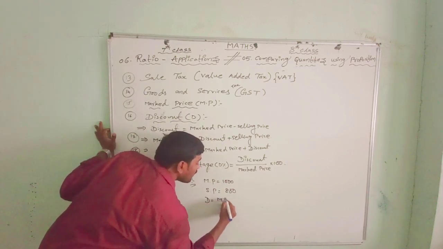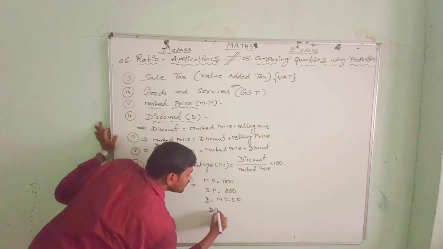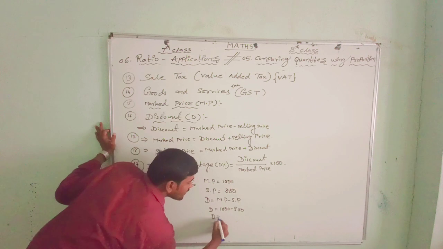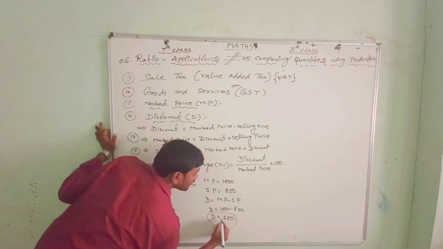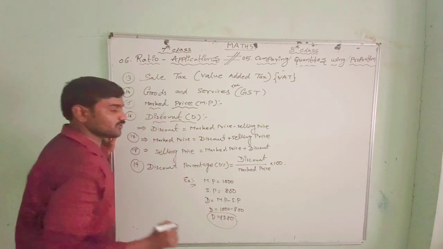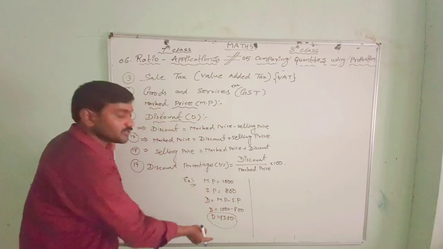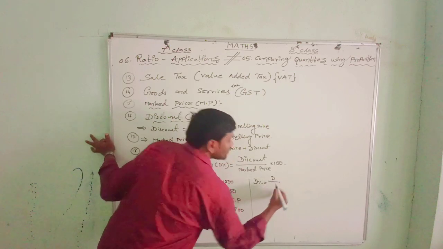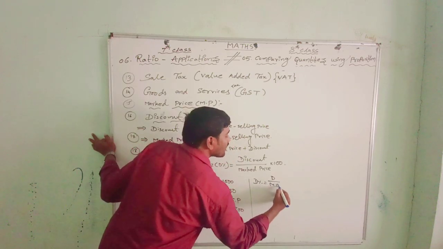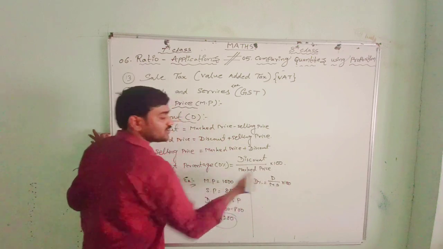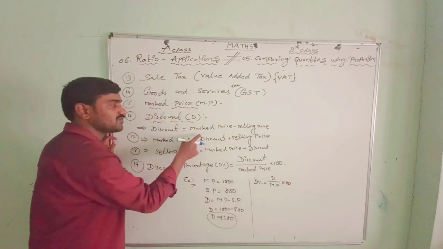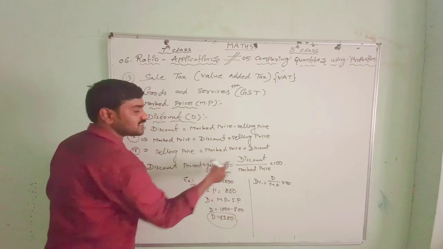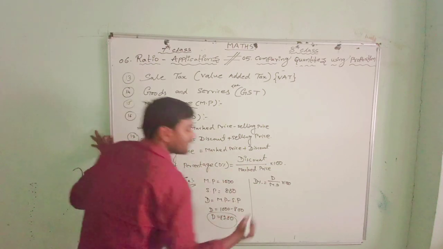That discount equals market price minus selling price: 1000 minus 800, so you got 200 rupees discount. But how much percentage is it? Find out the discount percentage. The discount formula is market price minus selling price, and the discount percentage formula is discount by market price into 100. Discount percentage equals 200 by 1000 into 100.